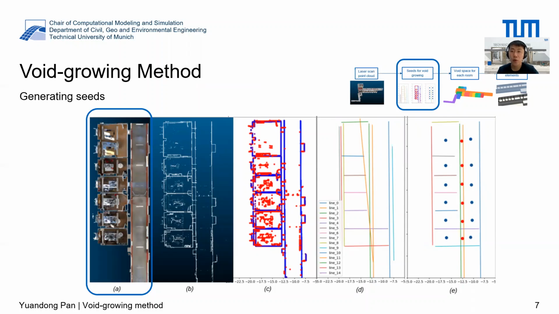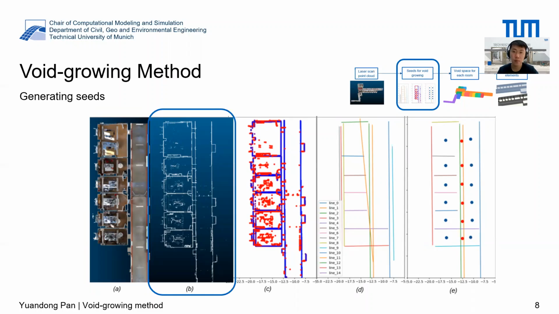Our method starts with generating seeds for growing. Image A is the input point cloud. We remove the ceiling for better visualization. Next step, we project all points into the 2D XY plane. Then we filter the points in low density areas out.